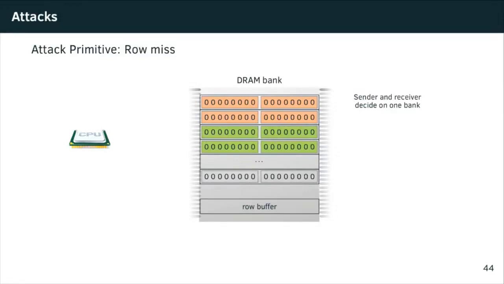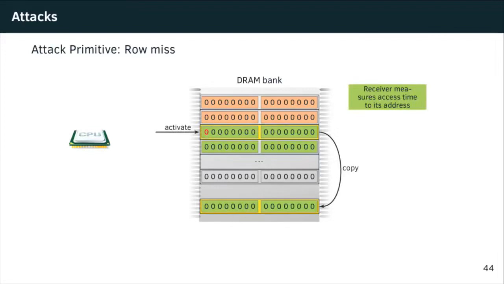And both the sender and the receiver use one row inside this DRAM bank. You use different rows. The receiver does nothing else than just reading its data from one row of the DRAM bank. The receiver is not interested in the data at all, just in the access times.